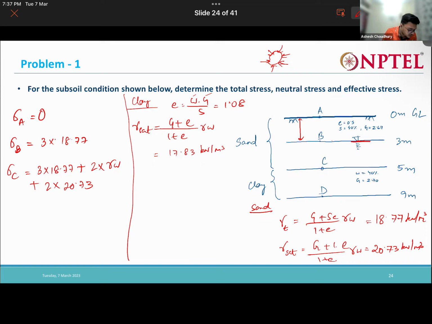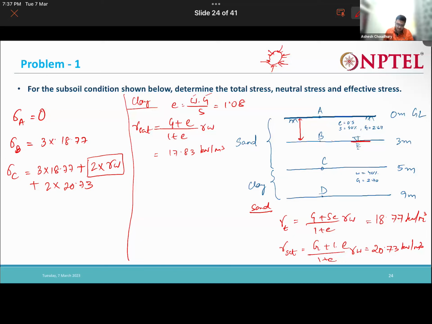So what will be the total? Let's see, we are finding out, right? I think this term won't come, because it's submerged.